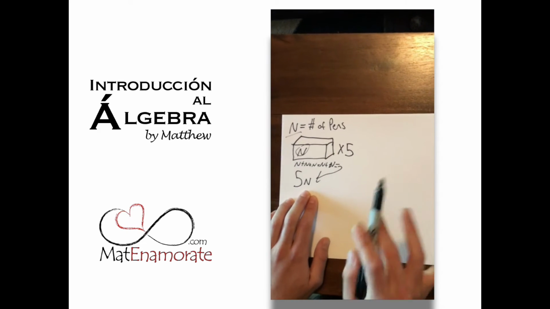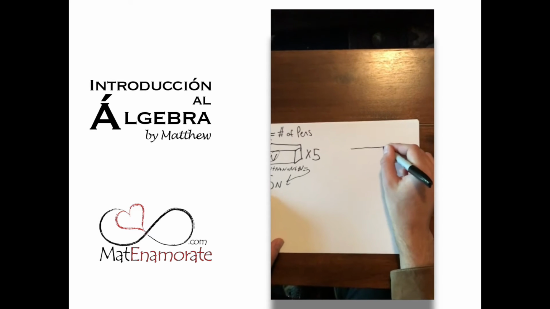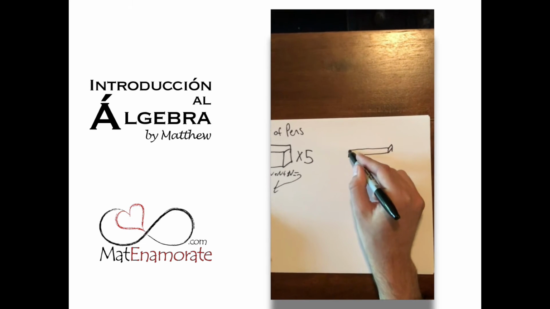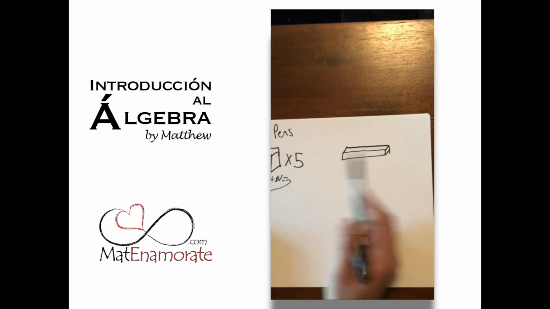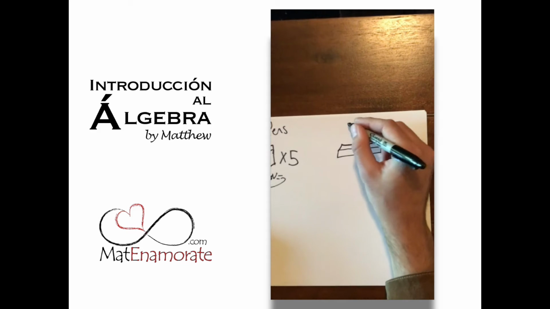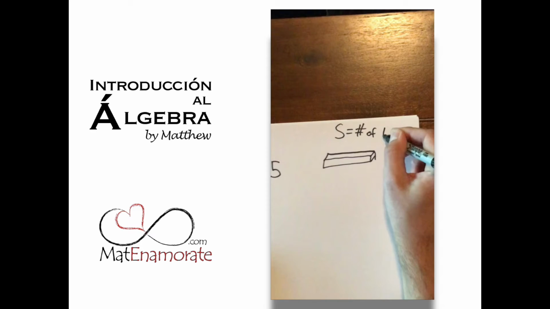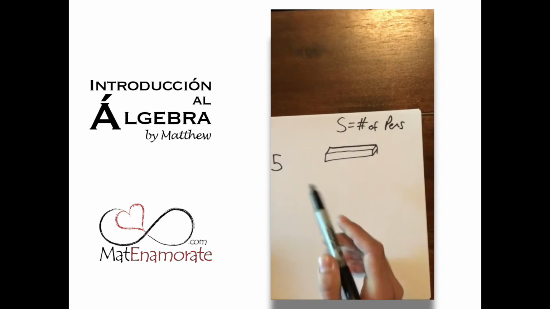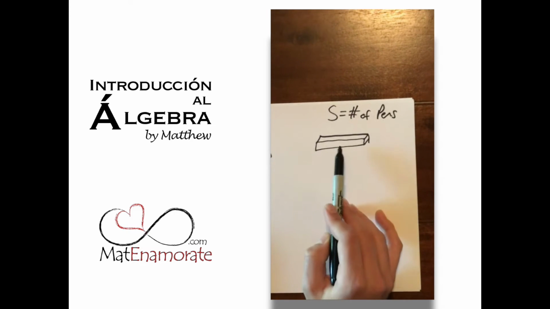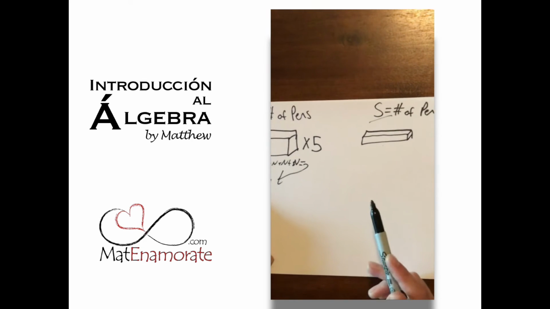Now, to the right of those boxes, there seem to be a set of smaller boxes. So I will draw some smaller boxes. In these boxes, the number of pens is represented by S, because there must be fewer pens in this box than in that box. So the variable will be different.